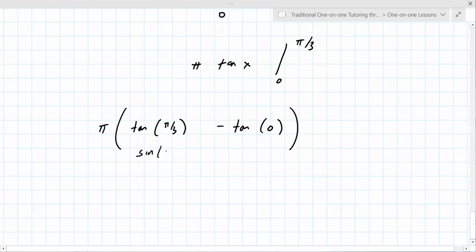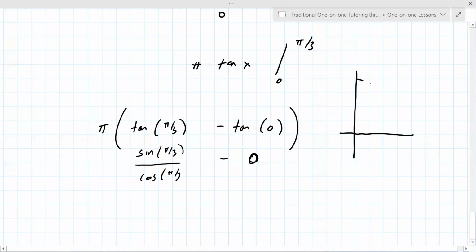Tangent pi over 3 is sine pi over 3 over cosine pi over 3. It's the same at 0, but that's kind of a nice one. It is 0. So sine pi over 3 on your unit circle, there's kind of those 3 places you need to know. There's 30 degrees, 45, and 60. But when you get through trigonometry, you realize, oh, it's pi over 6, pi over 4, and pi over 3. There's all this mixing or switching of things.